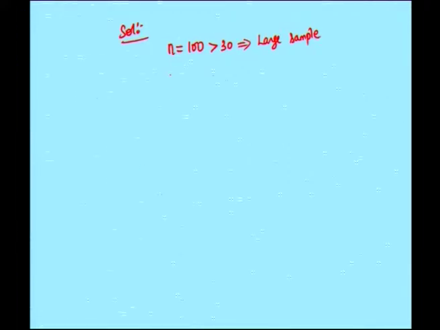and then next information given in the question is sample mean. The mean lifetime of 100 electric bulbs is estimated to be 1570 hours, and then its standard deviation is given to be equal to 120 hours. Okay.